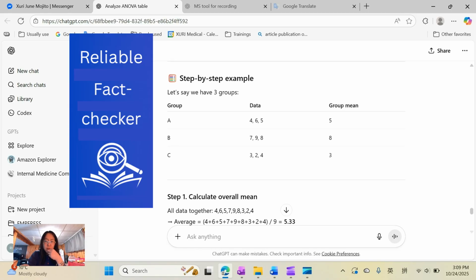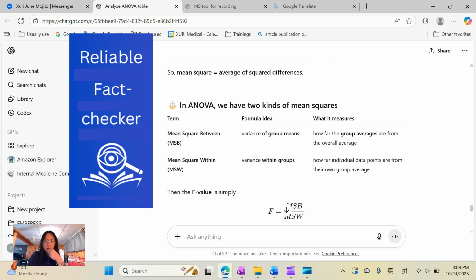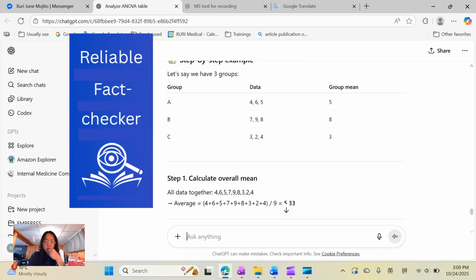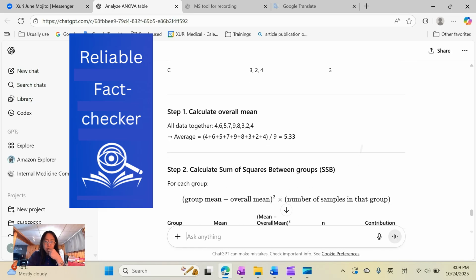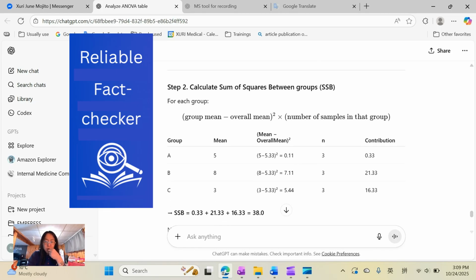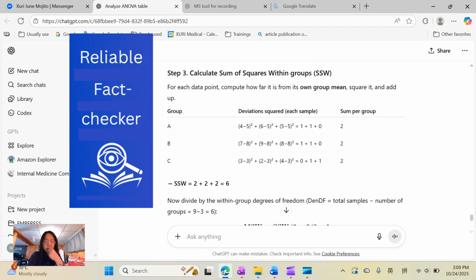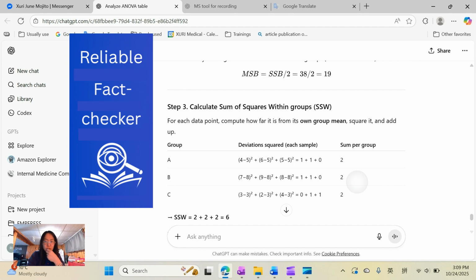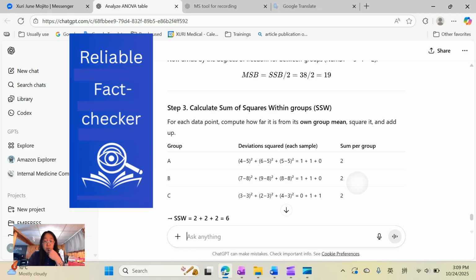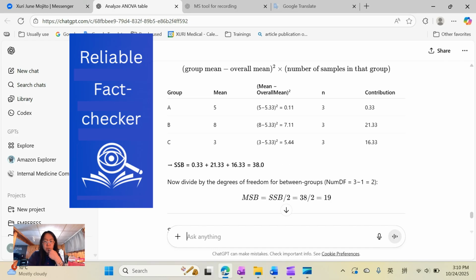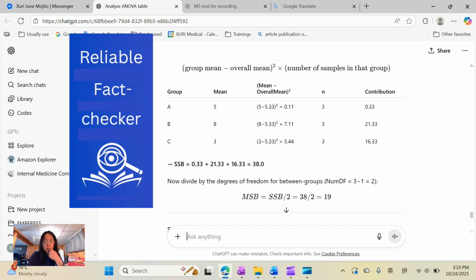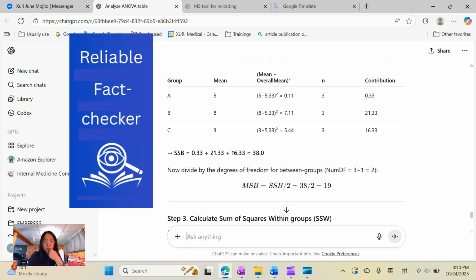Yes, step-by-step example. Okay, now it's just trying to explain more and more. Group mean minus overall mean. I don't like the symbol of sum of squares within groups. Deviations squared for each sample. What's ABC again? It's three groups. Okay. There's the mean.